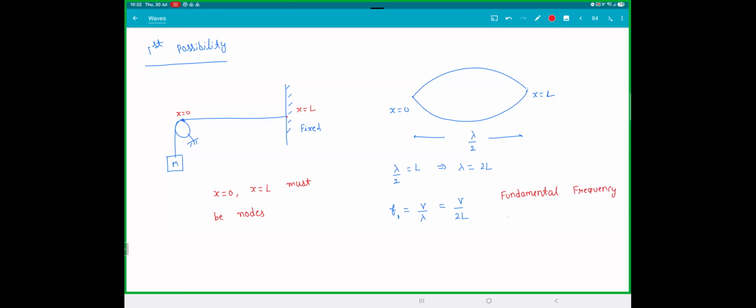So it is the minimum frequency which gives a stationary wave. So that loop pattern which you are seeing will not occur for any frequency. This is also called as first harmonic. This is your first possibility.